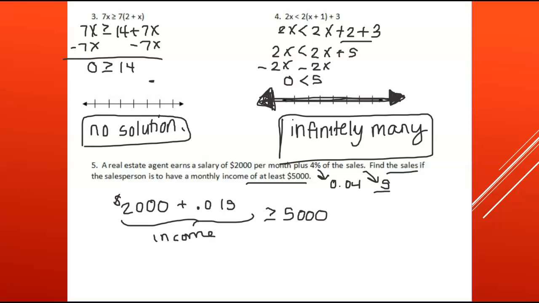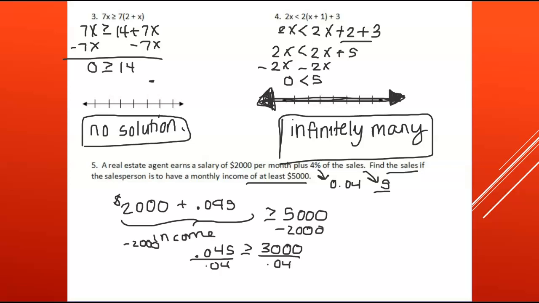So subtract 2,000 from both sides. So you get 0.04S greater than or equal to 3,000. Divide by 0.04.